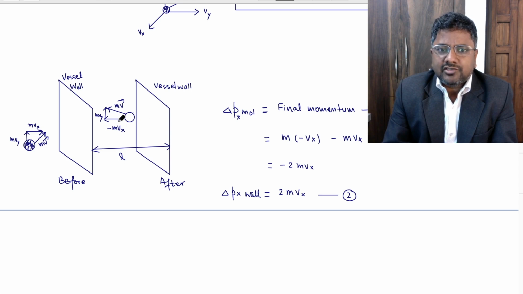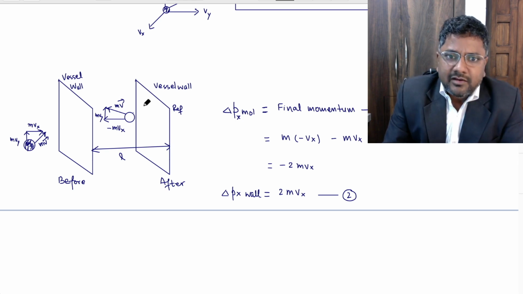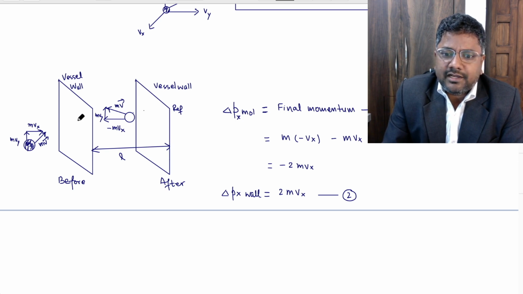So I am considering here two collisions with this wall. Our reference wall is this. Suppose the molecule starts from here and collides here. This distance, from here to here, you should ignore. Count the distance after the first collision from here, then it will collide here.